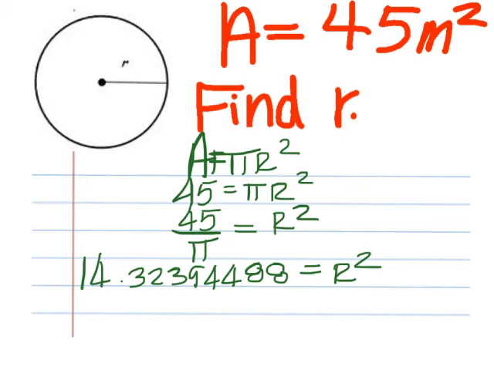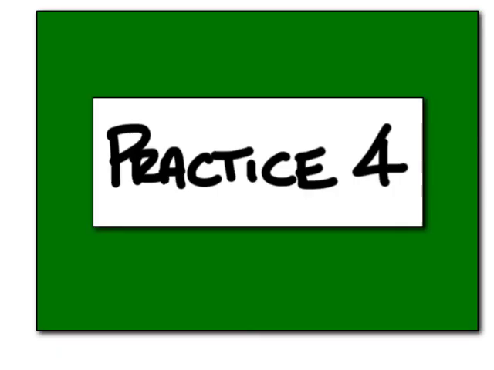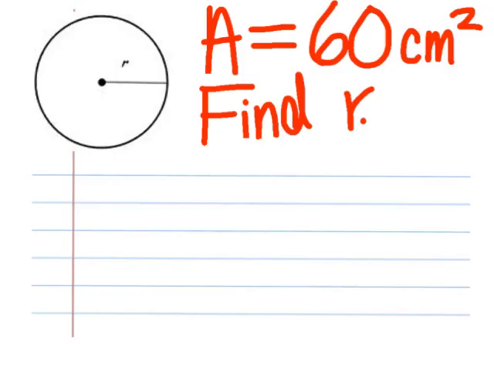Leave that in your calculator and hit second x squared, second negative sign, and hit enter. 3.78 meters is the value for R.